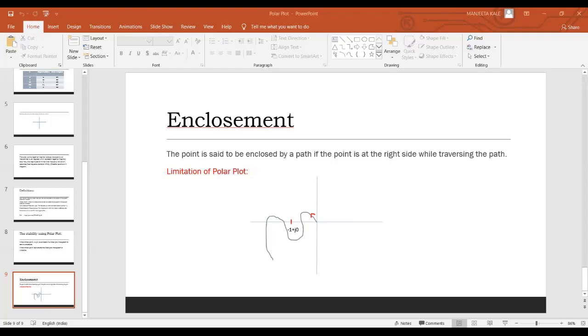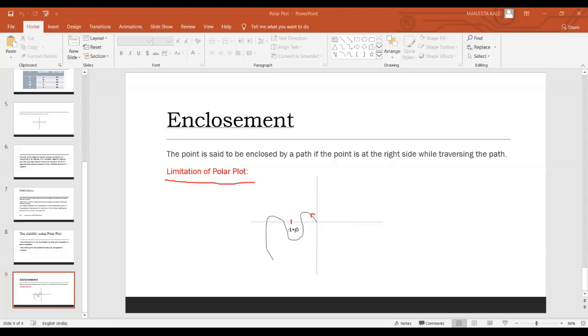So basically this is a limitation of the polar plot: there are certain polar plots where you will not be able to identify whether the critical point, or for that matter any point, is enclosed. In that case, it is difficult to comment on the stability, and this is the major limitation of the polar plot, because of which we moved on to the Nyquist plot.